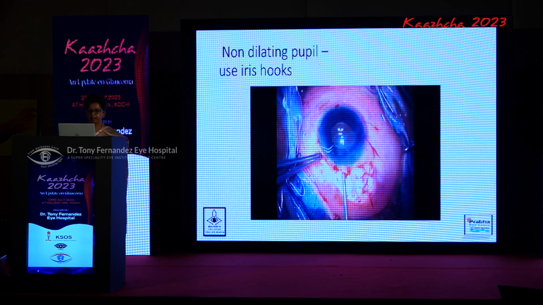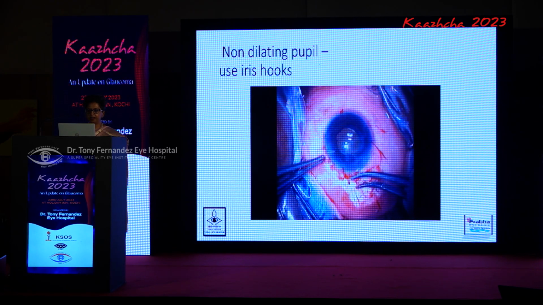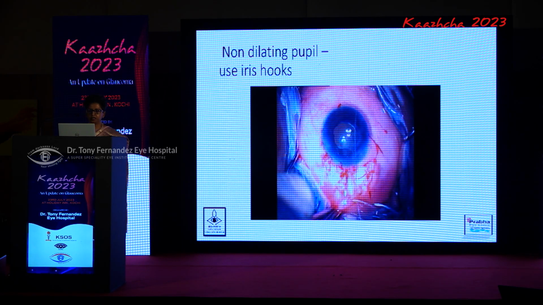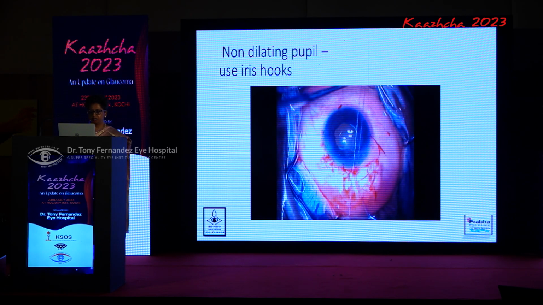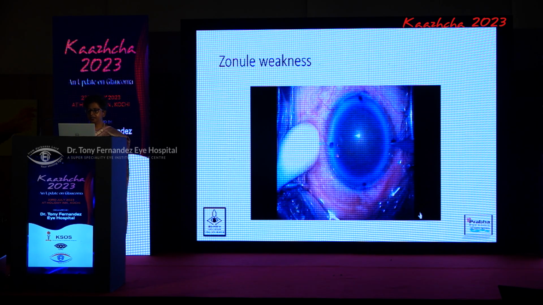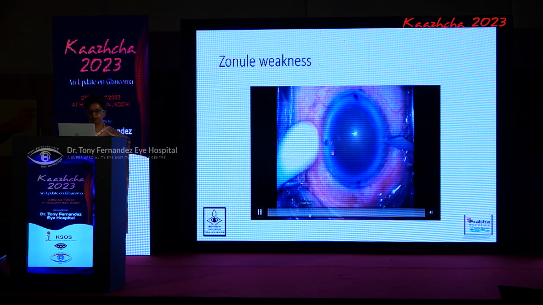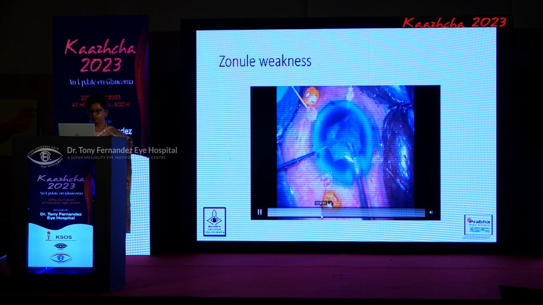So I go behind the iris and place it behind the iris, and the bevel is facing backwards so that endothelial decompensation does not occur. Zonule weakness is something that is very common in such eyes. Be alert, and if needed, use capsule hooks.